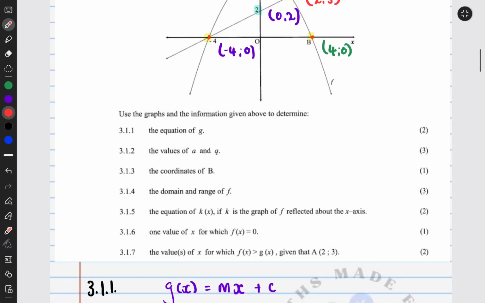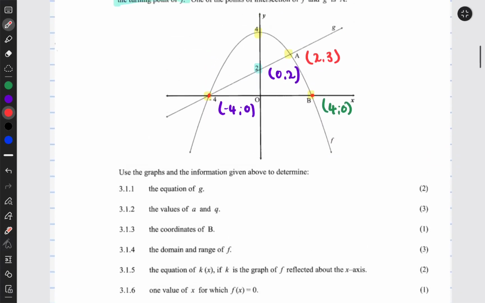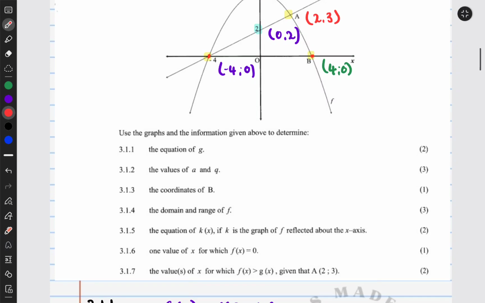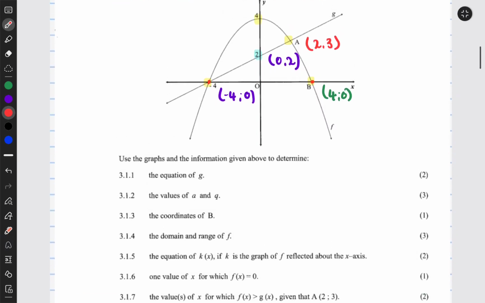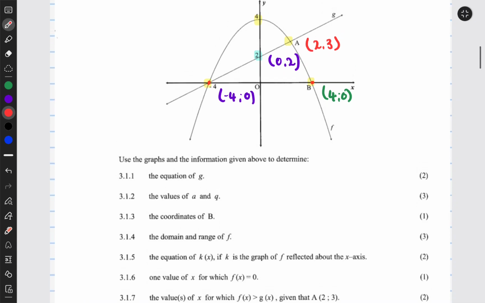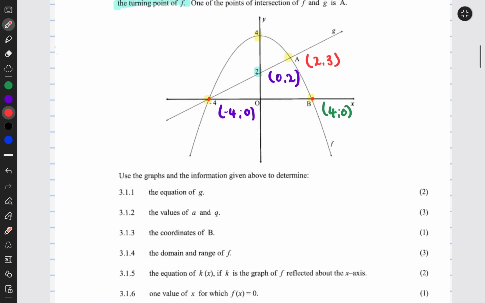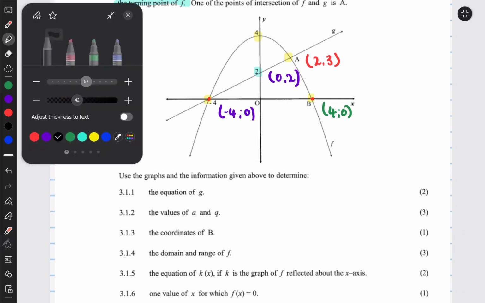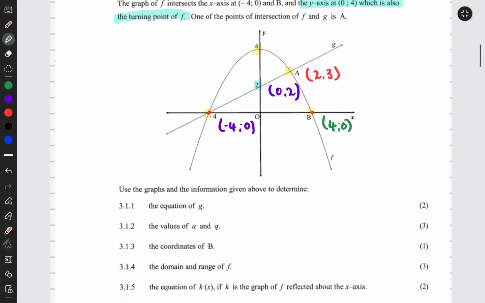So we're looking for all those values of x whereby the parabola is greater than the graph of g, the straight line. When we're looking for the values whereby one graph is greater than the other, we're basically looking for all those values where the graph of f is above the graph of g.